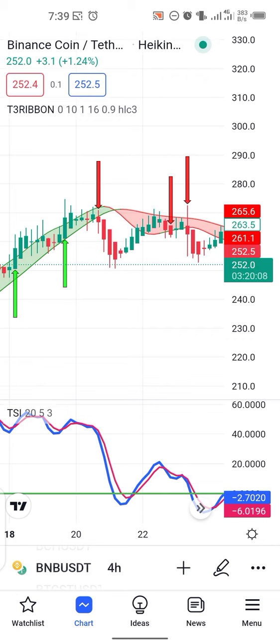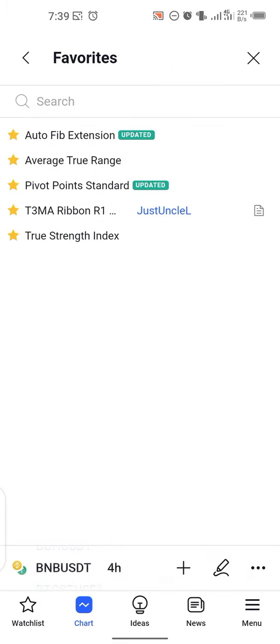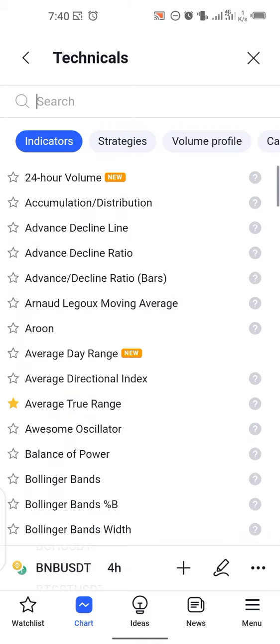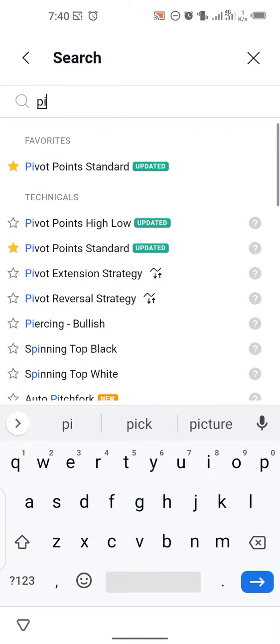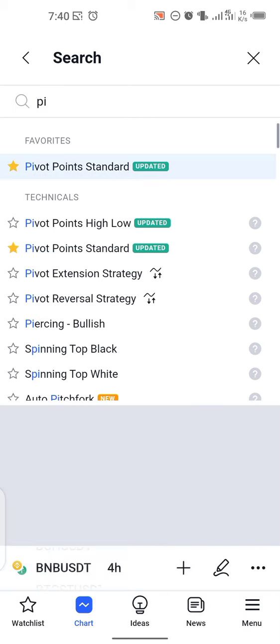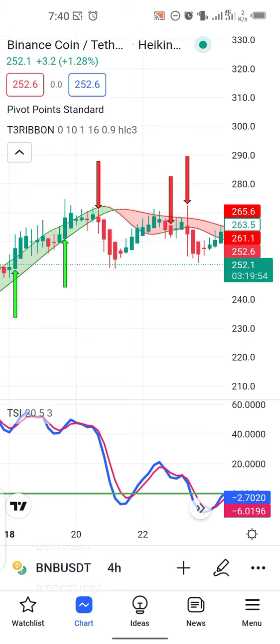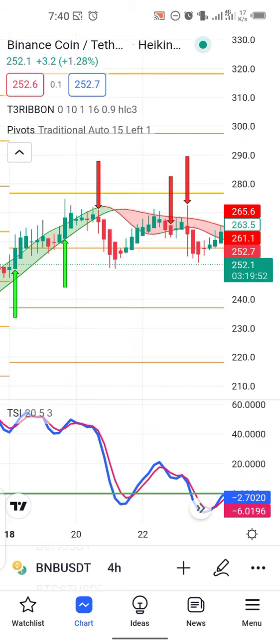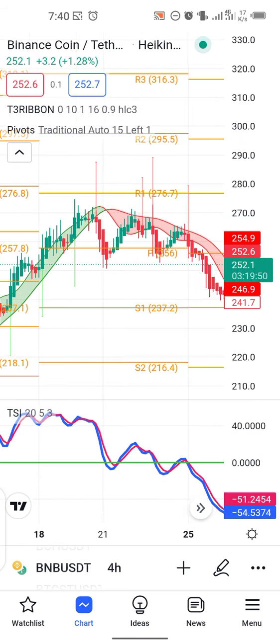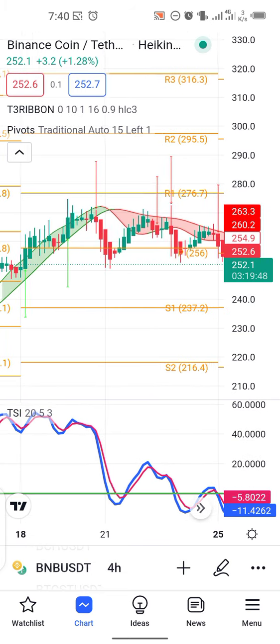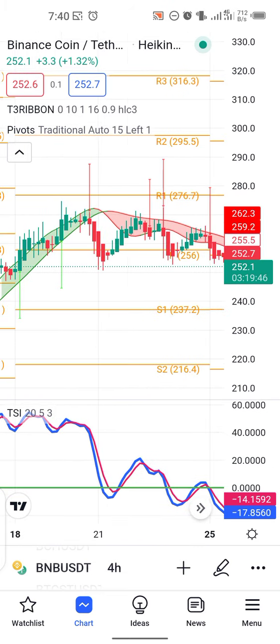Now let's add a last indicator for today, ladies and gentlemen, on our technicals: the pivot point standard. There we go, and we put in our pivot point standard.